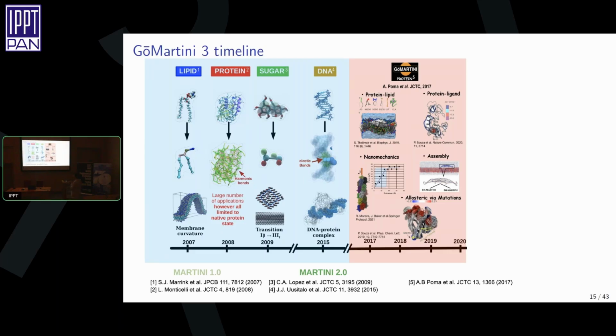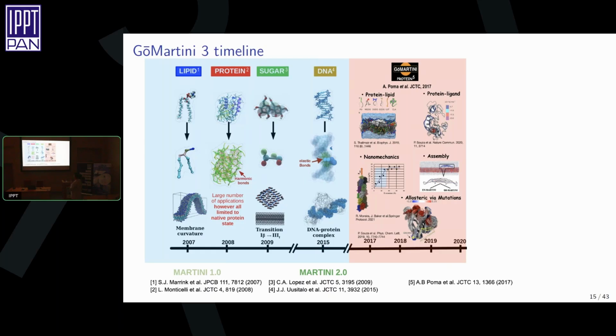So this basically led us to a bunch of new applications. Of course, we validated in our original paper on different protein models, as well as some enzymes that had very complex active loops, as well as some nanomechanical experiments. But this was done for globular proteins.